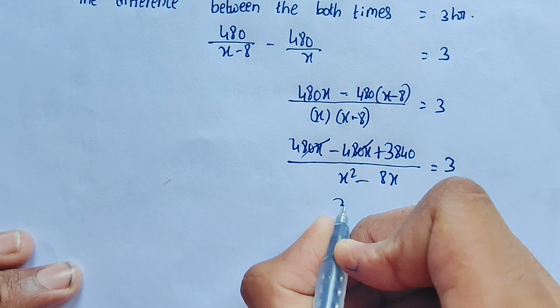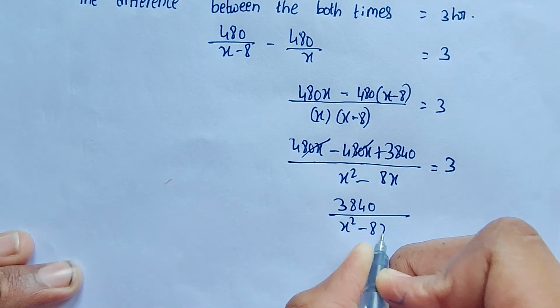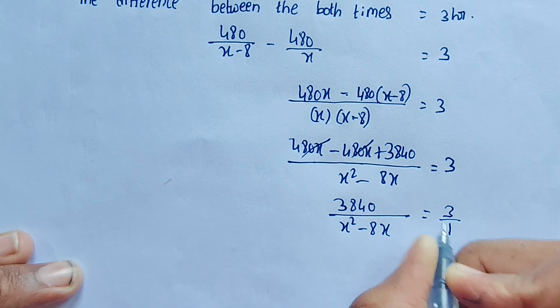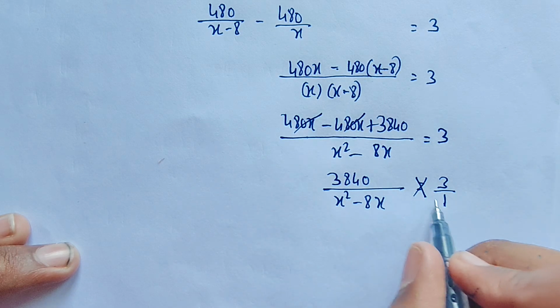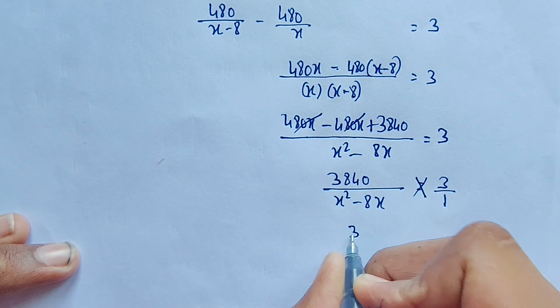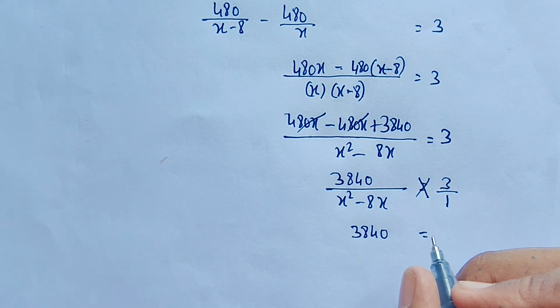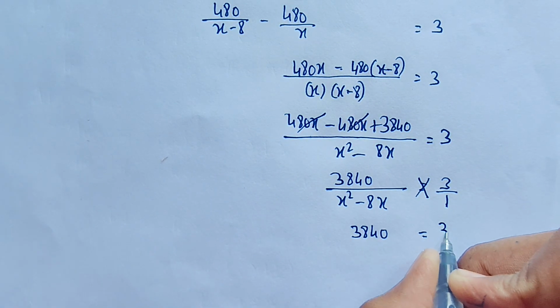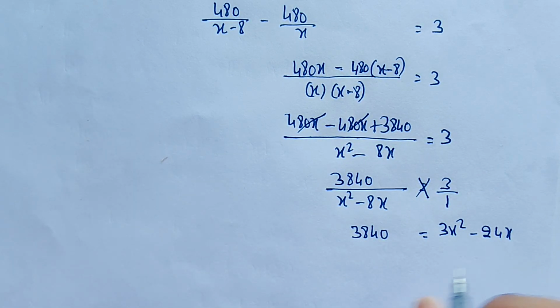Here 3840 by x square minus 8x equals 3 by 1. Let us do the cross multiplication here. 3840 into 1, 3840 equals 3 into x square minus 8x, 3x square minus 24x.